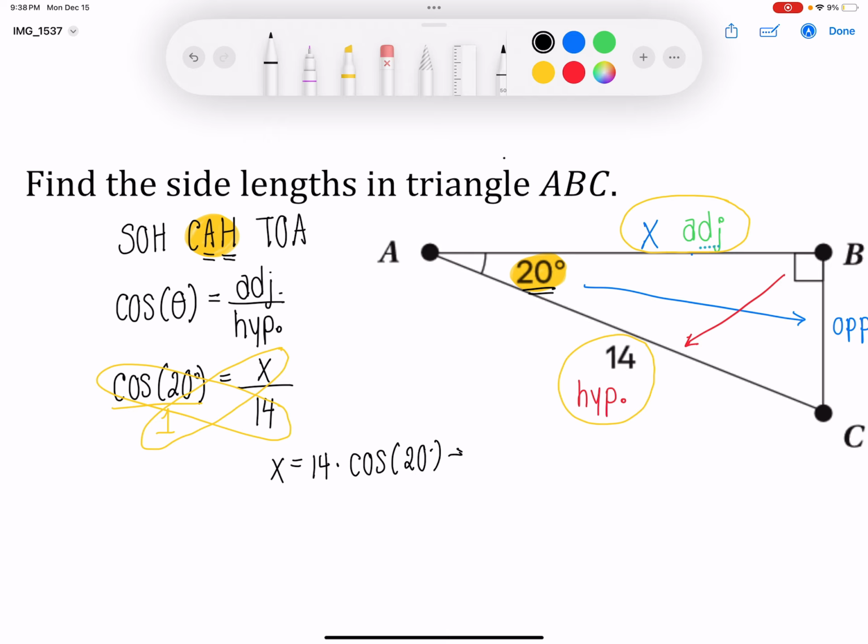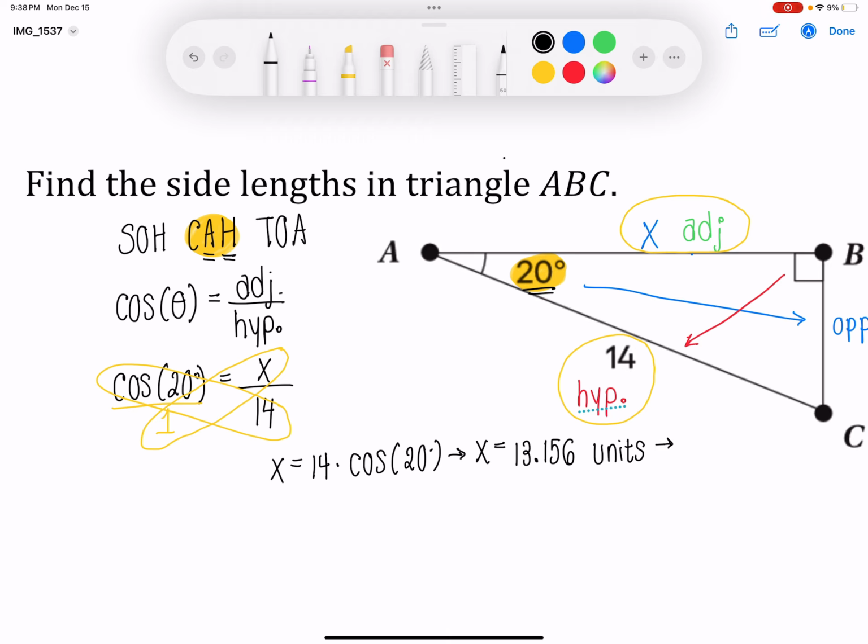And we're going to plug this into the calculator. I like to put the number in front of cosine of 20 because then I don't have to worry about closing my parentheses. So 14 times cosine of 20 gives me that x is equal to 13.156 units, since it didn't specify what units this was in.